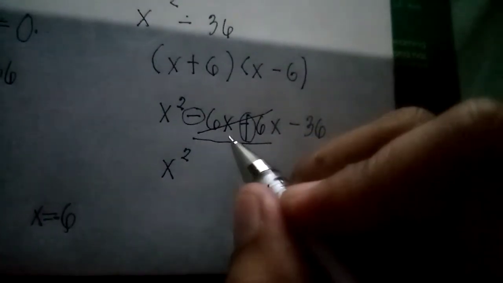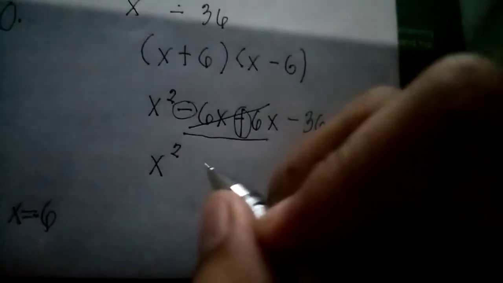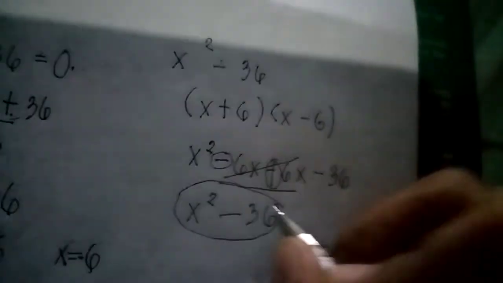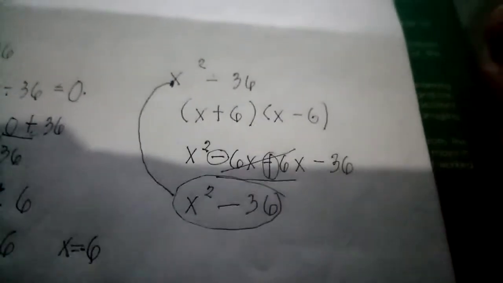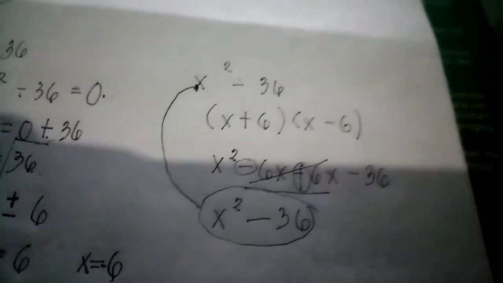So, negative 6x and positive 6x is equal to 0, or cancel it out, then copy the negative 36. As you can see, our answer here is the same as the given equation. So, your factor is correct, or our factor is correct.